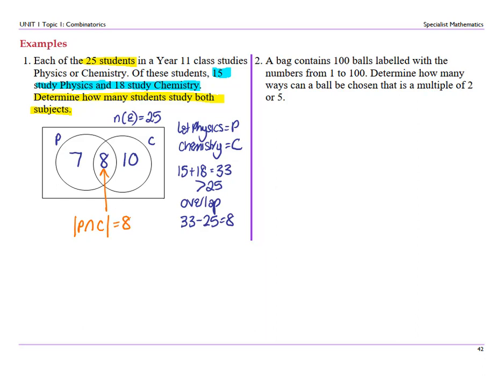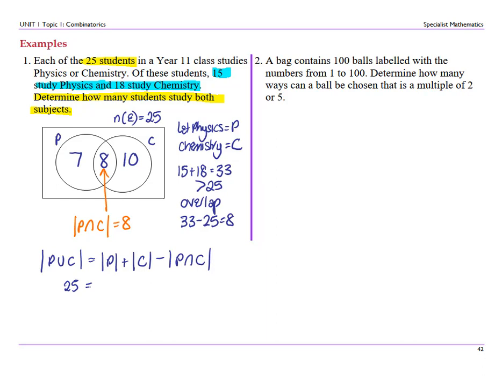Now, if instead of drawing a Venn diagram, we want to use set theory, we can go P union C. The number in both, one or the other, is going to be P plus C minus P intersects C. Now we know there are 25 students.